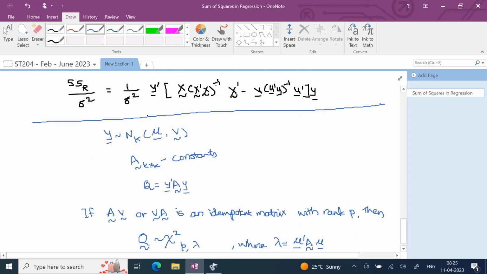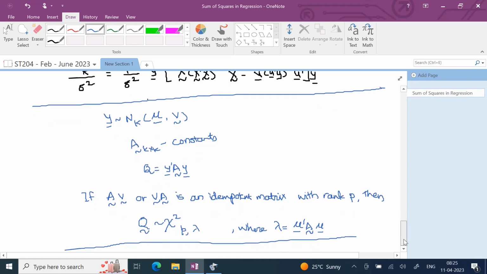this matrix is idempotent, and we know that we assume normality of y, correct? And because of the uncorrelatedness assumption of errors, what we get is that y will also have normal distribution with sigma square into identity matrix as variance covariance matrix, correct?